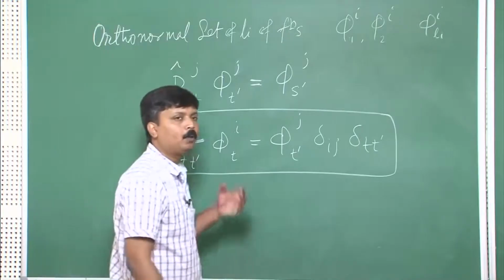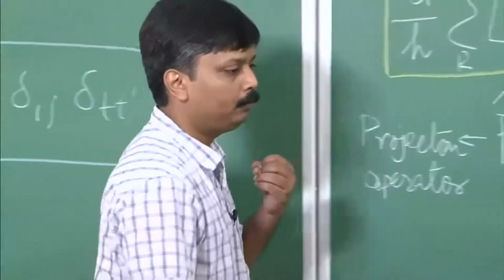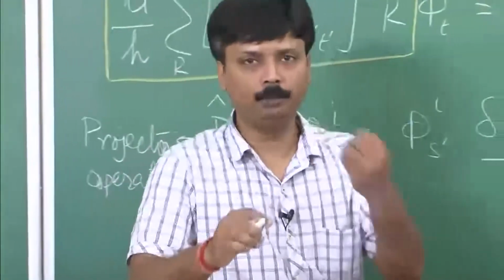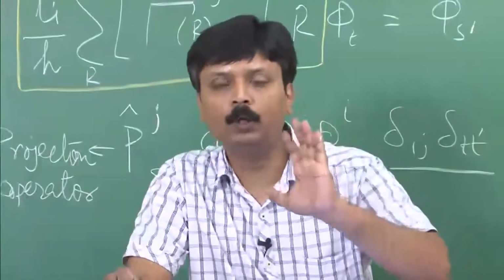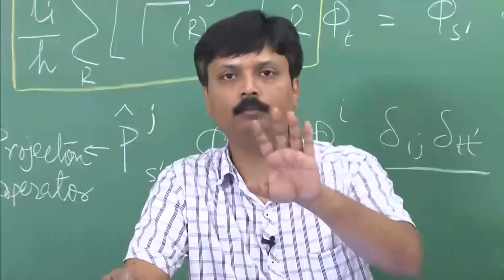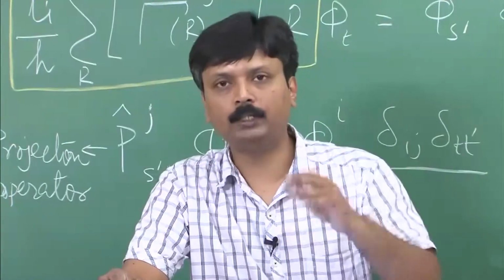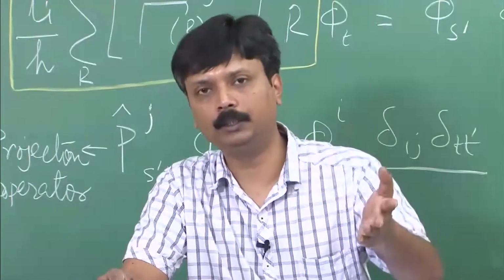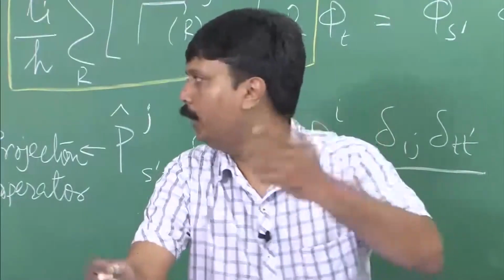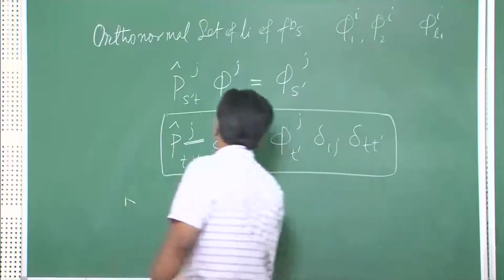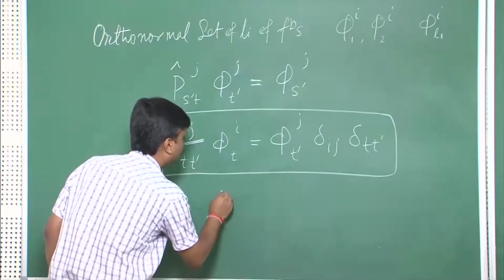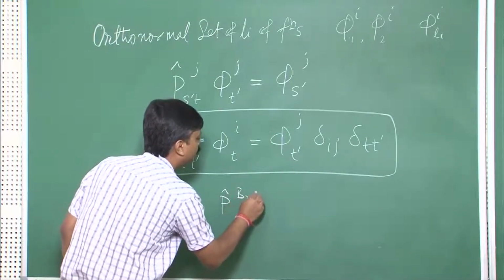Now, we can take the real irreducible representation. So you have to look at the character table and find out the irreducible representation that you want to work with. For example, some irreducible representation is B2u. So you can have the projection operator written as P B2u.